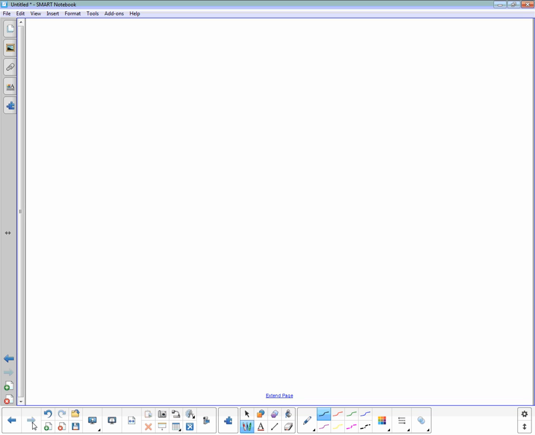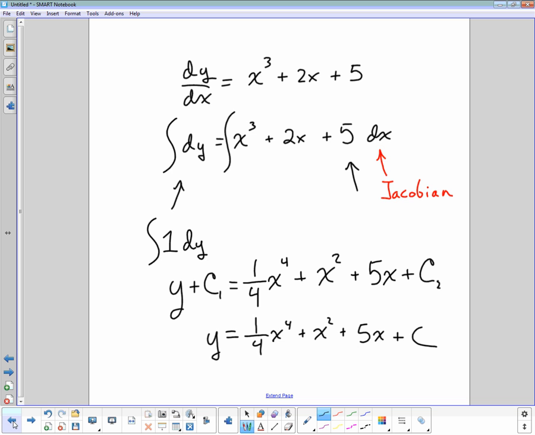So, by the way, since we're dealing with an indefinite integral, okay, we're done. If we were doing a definite integral, which is all indefinite integration, we're done at this point.